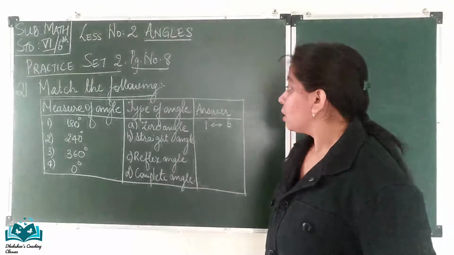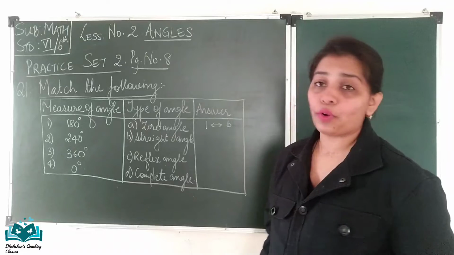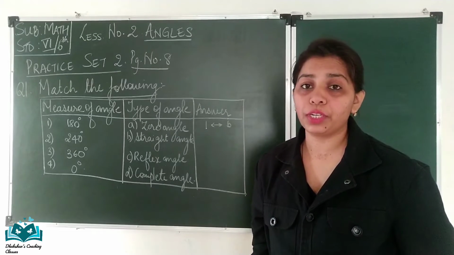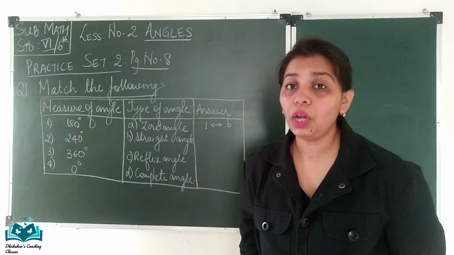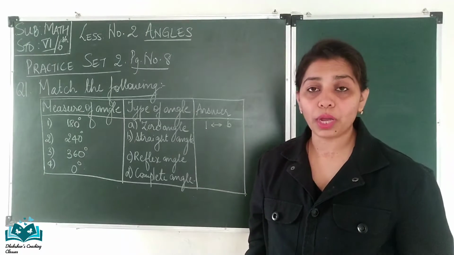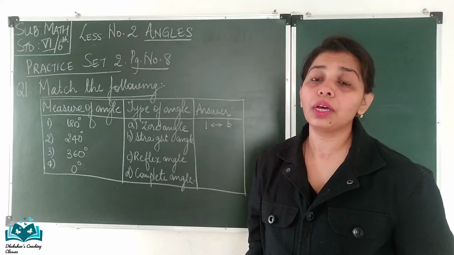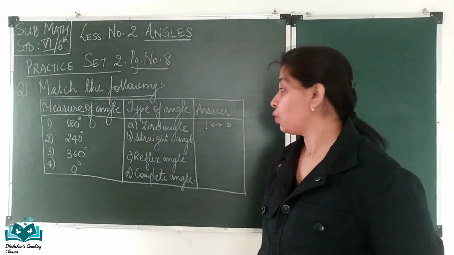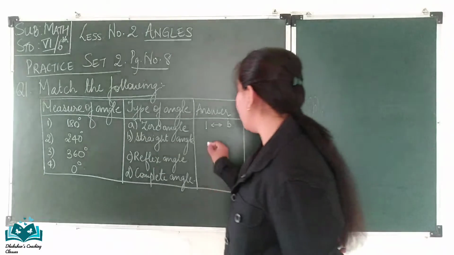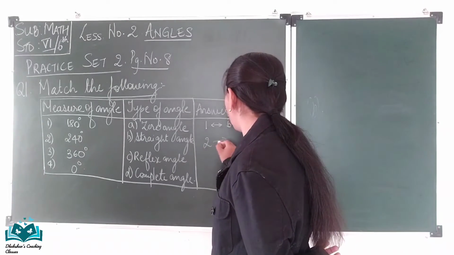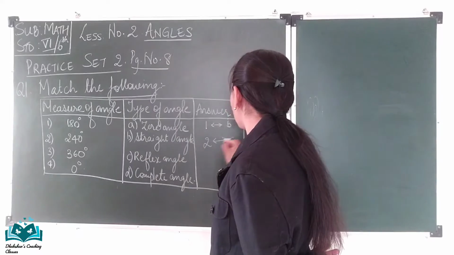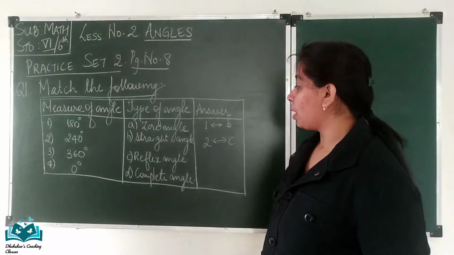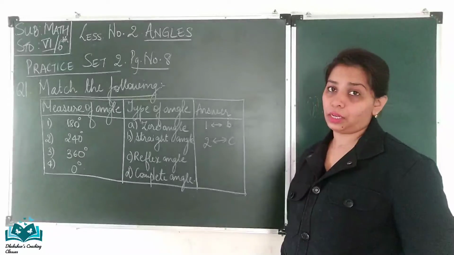1B. The second one, 240. It is greater than 180, and according to the definitions, any angle whose measure is more than 180 is called as your reflex angle. So the second angle will be your reflex angle. 2 corresponds to your C, that is reflex angle. The third one is 360 degree.